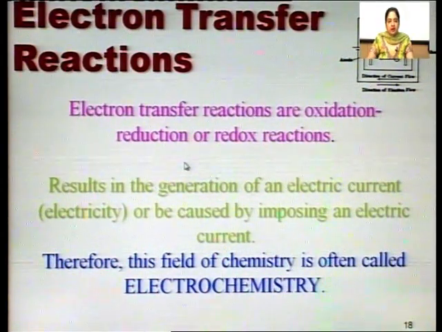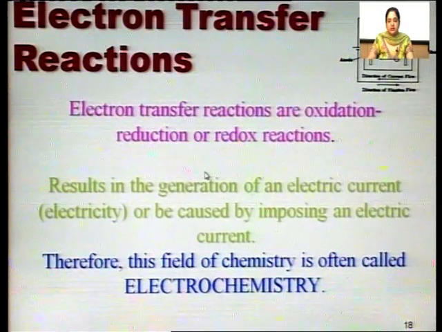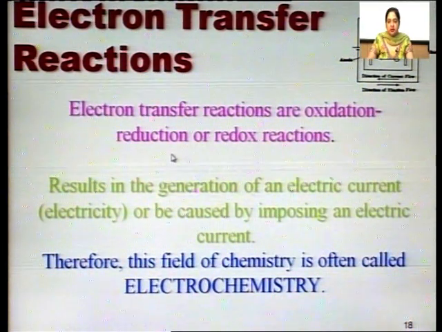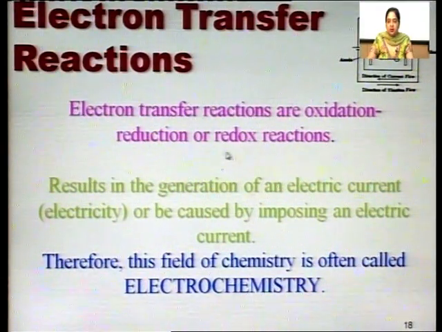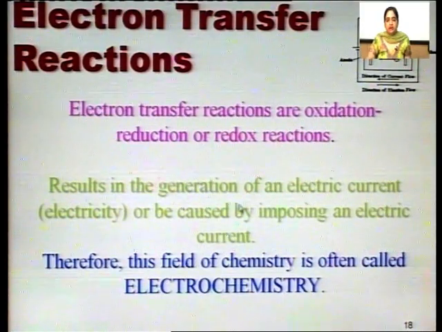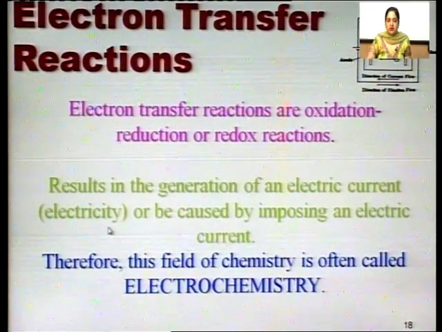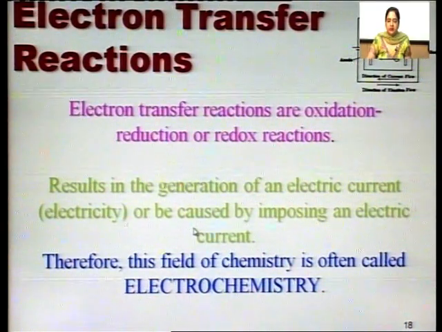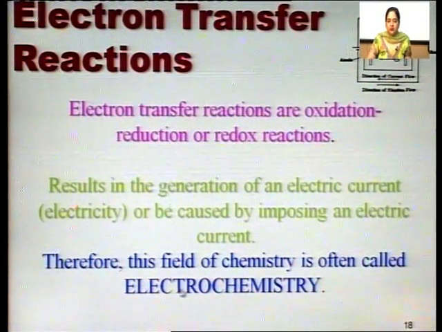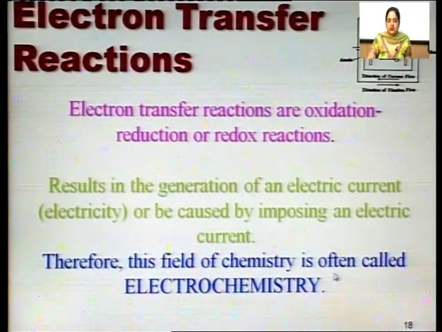Electron transfer reactions are oxidation reduction or redox reactions. They result in the generation of an electric current or electricity, or are caused by imposing an electric current. Therefore, this field of chemistry is called electrochemistry.